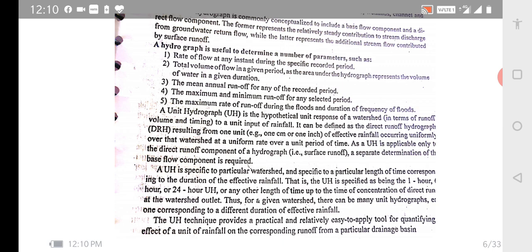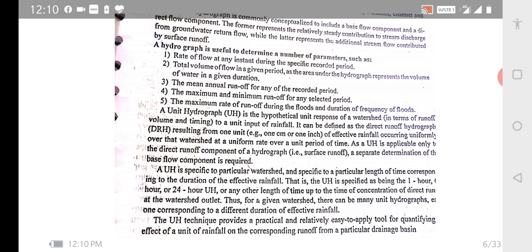We can find out the volume per month, per quarter, half yearly or annually from the hydrograph. And you can also find out the mean annual flow runoff from the recorded period, what is the average for the entire year, and the maximum and minimum runoff also.